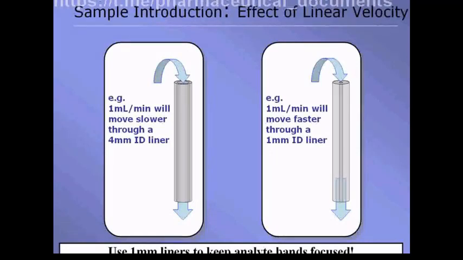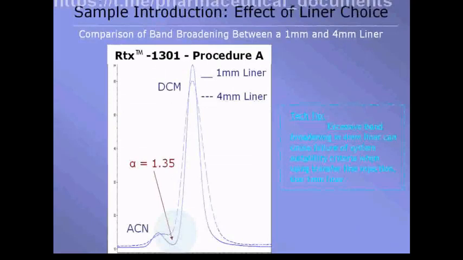And if you look at what happens, this is an example of a 1301 under Procedure A, and the first system suitability requirement is we need a resolution value greater than 1 between acetonitrile and dichloromethane. In this example, by going from a 4mm liner, the dashed trace, to a 1mm liner, the solid trace, we can see that we've increased resolution because we've simply increased the efficiency or the overall peak symmetry to actually create that resolution we need.